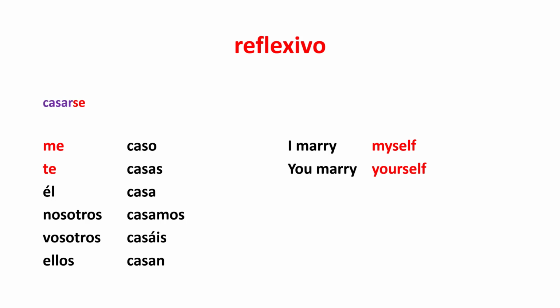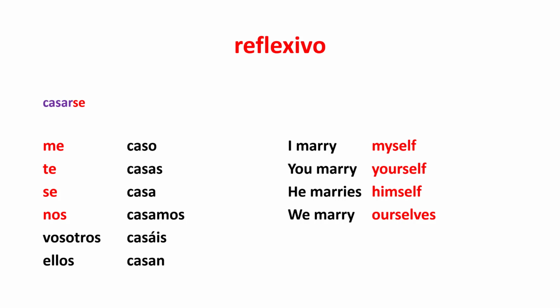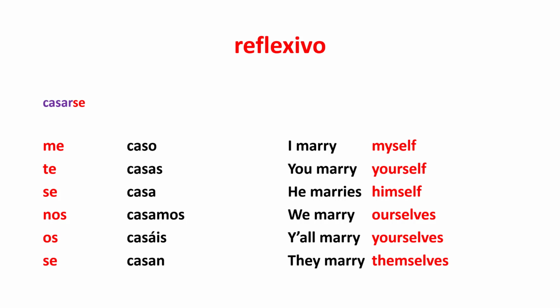You marry yourself. Instead of él casa, se casa is how you would say that. He marries himself. Nos casamos. We marry ourselves. Os casáis. Y'all marry yourselves. And se casan. They marry themselves. So instead of subject pronouns, we're going to have reflexive pronouns come before the conjugated verb.